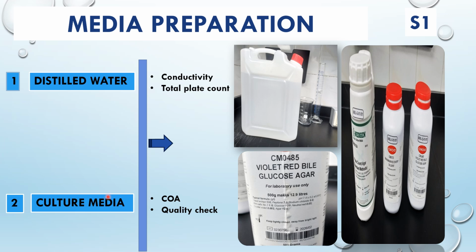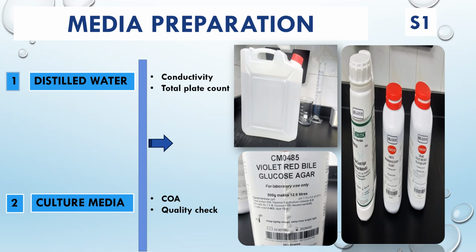Next is the culture media. Here we will discuss the powder form culture media, which we need to prepare in the laboratory, but in the market some other media are also available that are ready to use. We will use them also. But here we will discuss the powder form media.